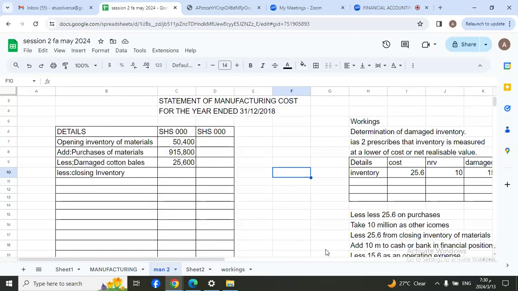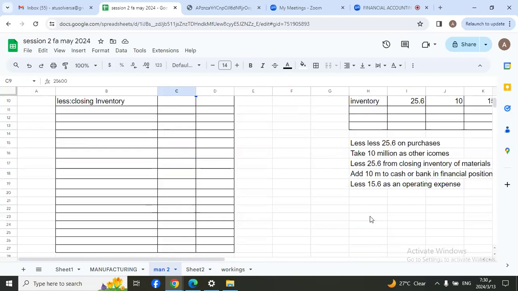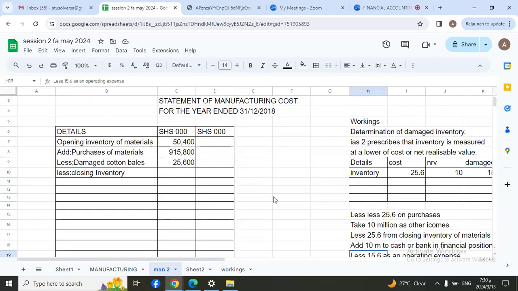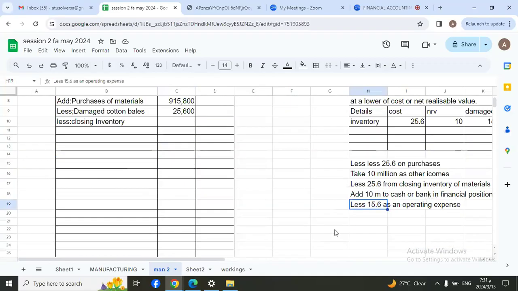On correction on what Kihembo was saying, for our damaged stock, we are going to take 15, which will be reduced from our purchases.